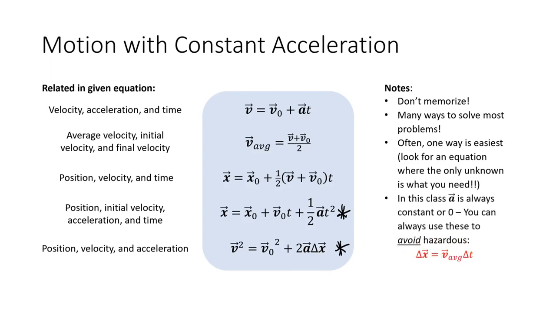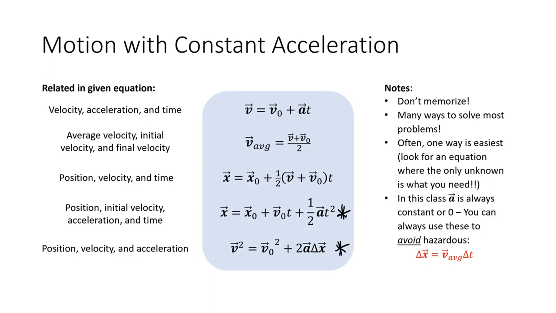Okay, and then in this class, the acceleration will always either be constant or 0, which means that you can always use these equations. And so that way you can use these equations and you can solve for displacement. Remember, I mentioned that solving for displacement can be a little tricky. And so you can use these equations to solve for displacement without using the hazardous delta x equals v average times delta t, for which it's really tempting to plug in any value of velocity when really that value might not be the average value, right?